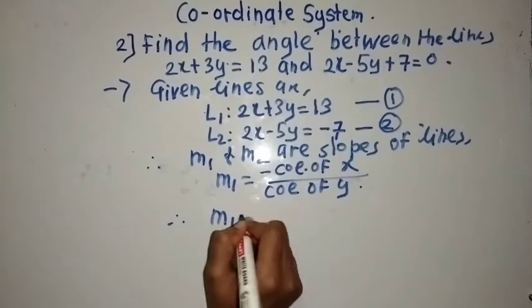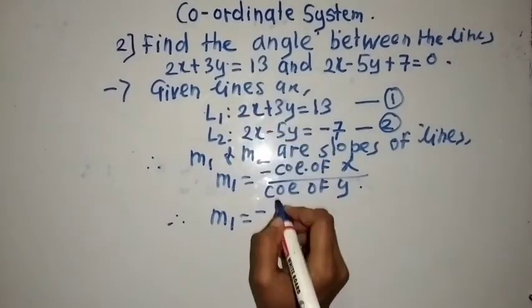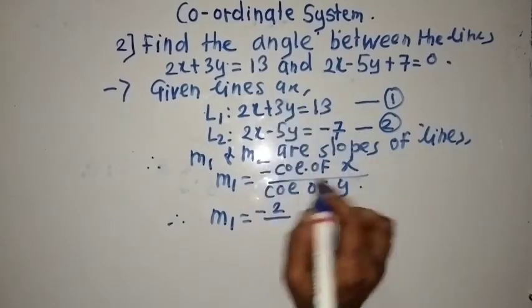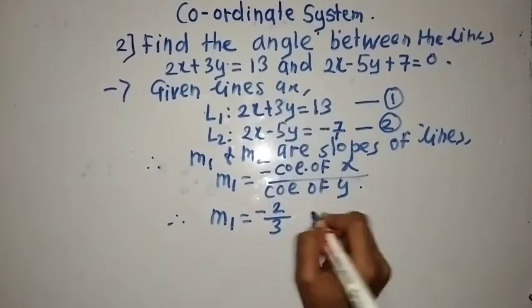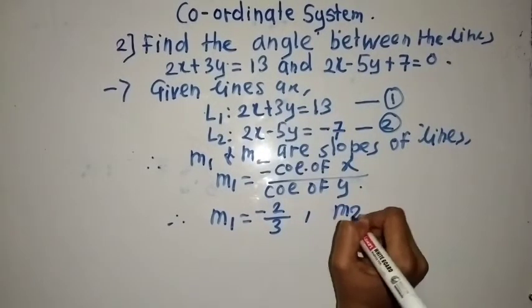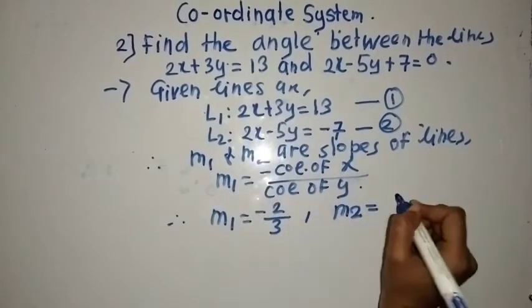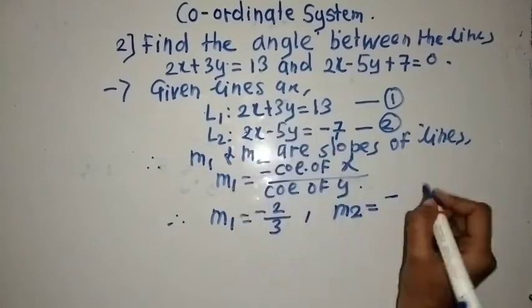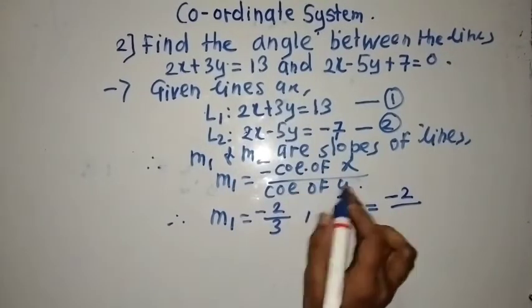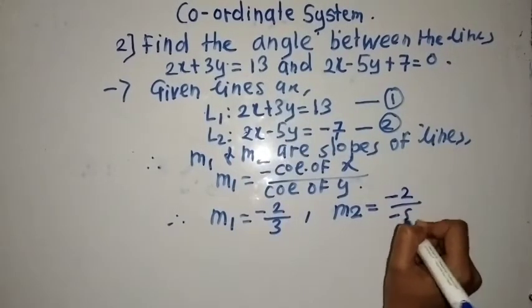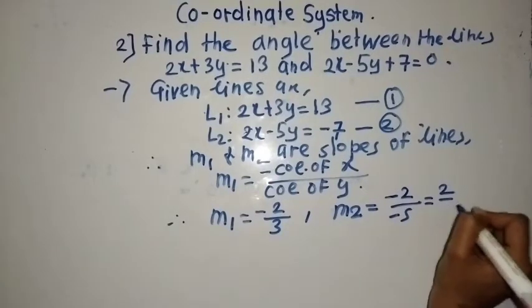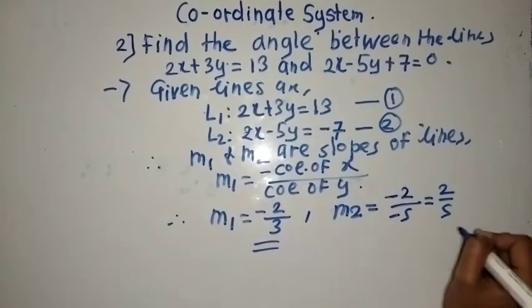Hence M1 is equal to minus 2 upon 3, and M2 is equal to minus coefficient of x upon coefficient of y, which is minus 2 upon minus 5. So we get M2 is equal to 2 upon 5.